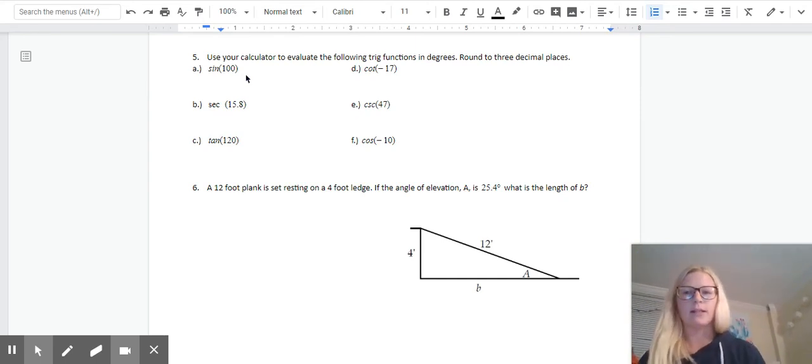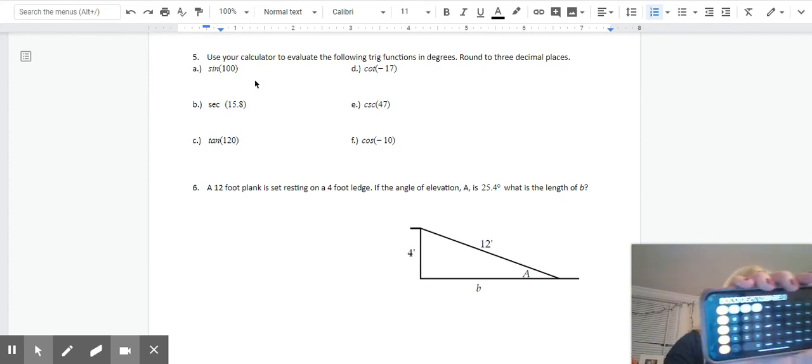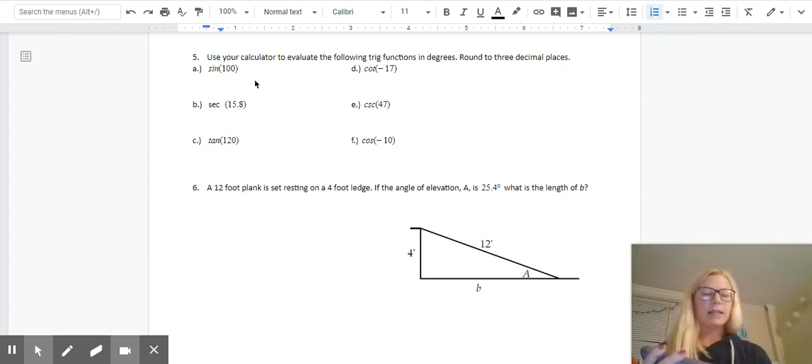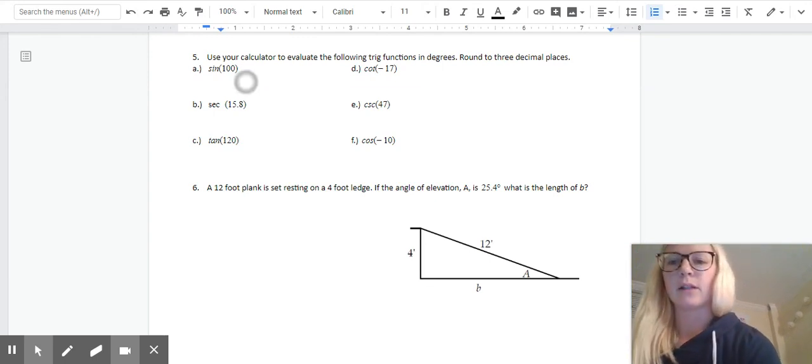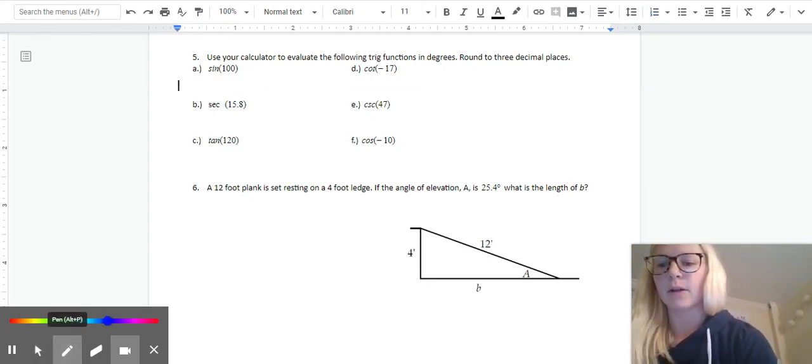You'll see sine, cosine, and tangent. For sine of 100, you first have to put in the number. So you put in 100 and then sine. That's not what you do on a graphing calculator, but the iPhone does that. When you plug it in, you should get a really long number, and the screen is flipped, so it's kind of hard to tell what it says, but I'll read it.